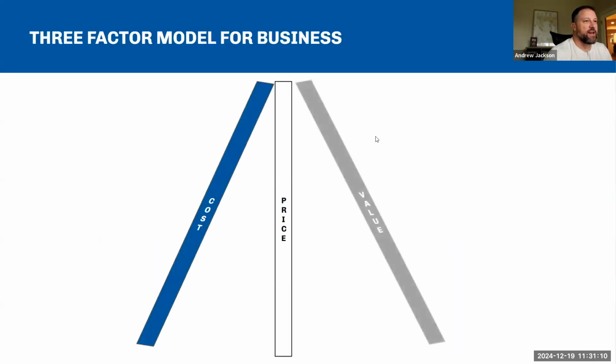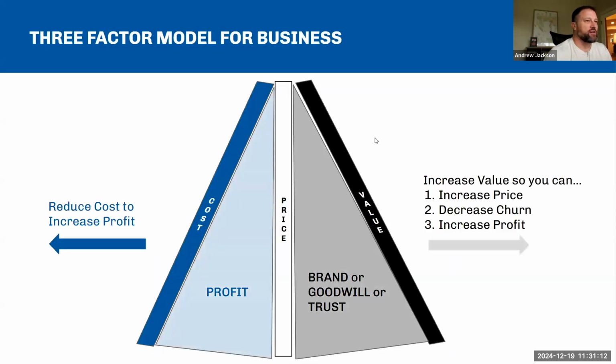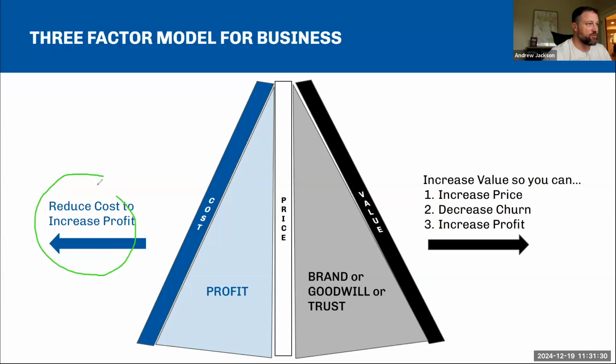So just to rehash real quickly, we're using this very simple model for evaluating or talking about the business. From value was our first major topic, price last week, and now cost. So we want to really be focused here on how to reduce cost to increase profit while ideally also increasing value.